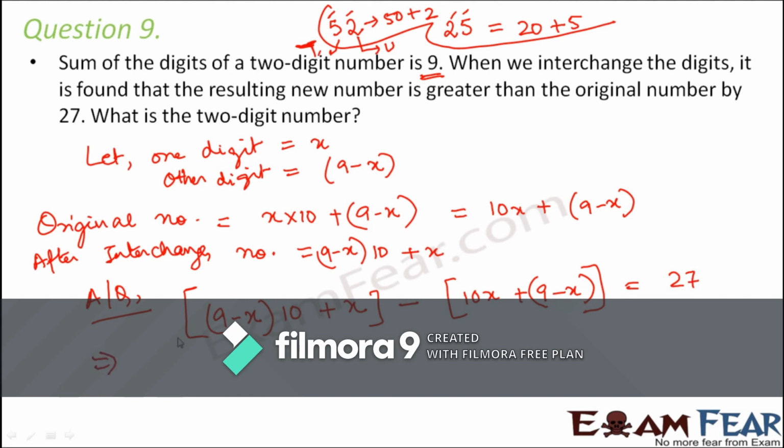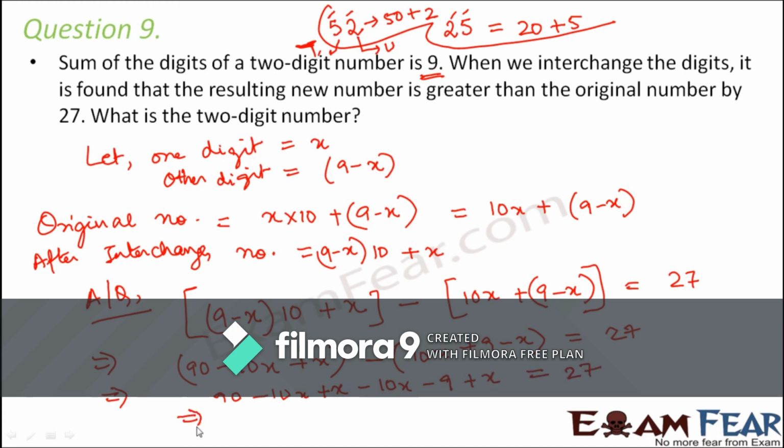So let us try to solve this. This would be 90 minus 10x plus x, minus 10x plus 9 minus x, and this is equal to 27. So this can be written as 90 minus 10x plus x minus 10x minus 9 plus x is equal to 27.